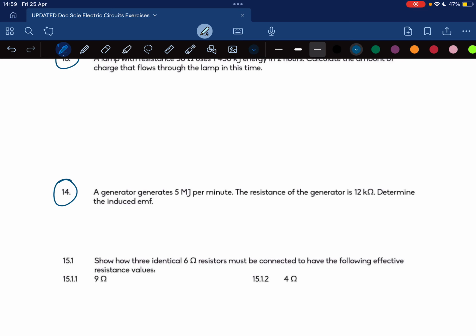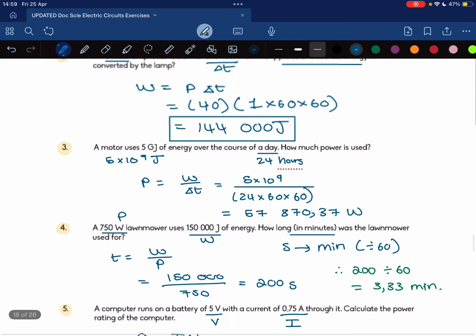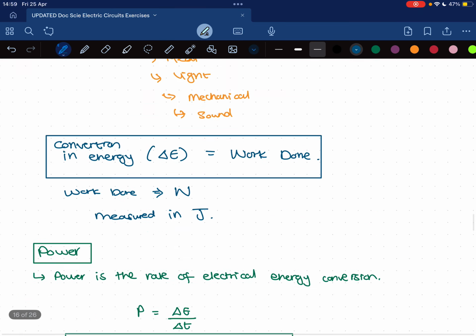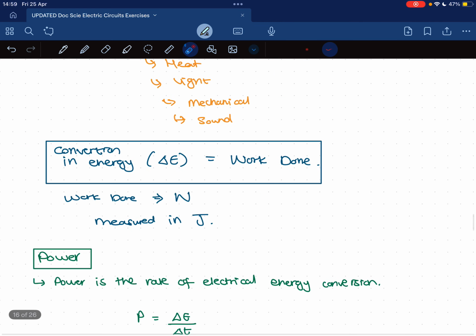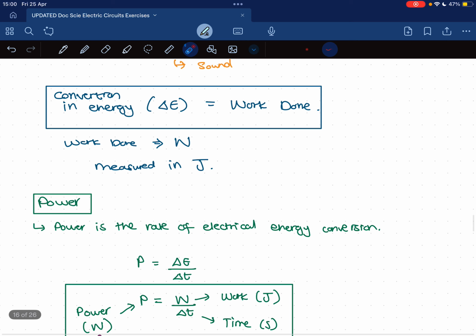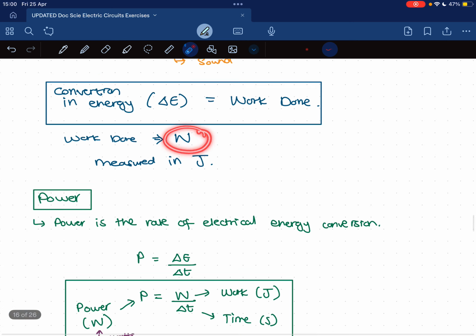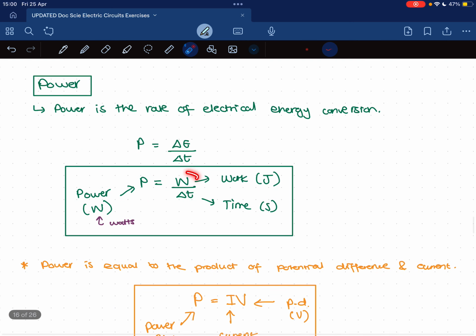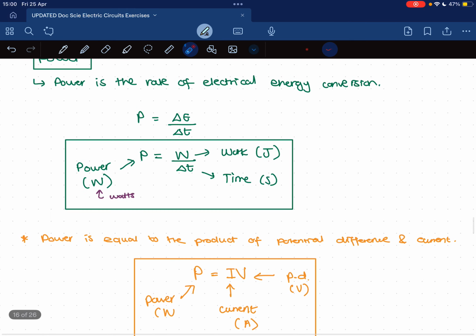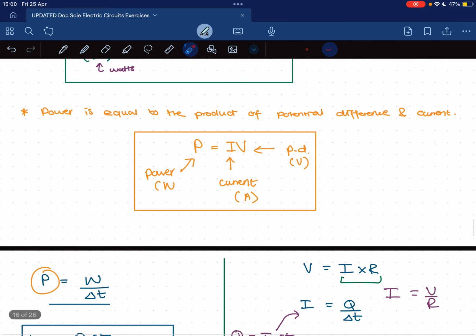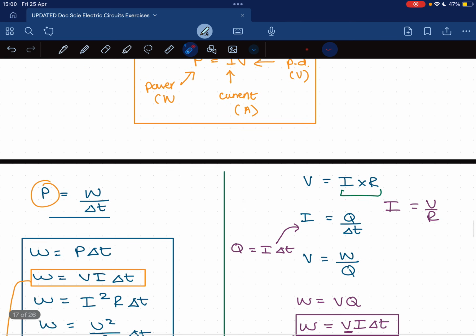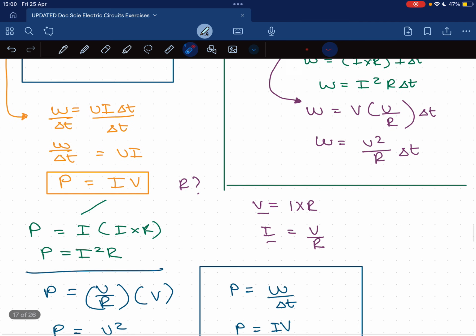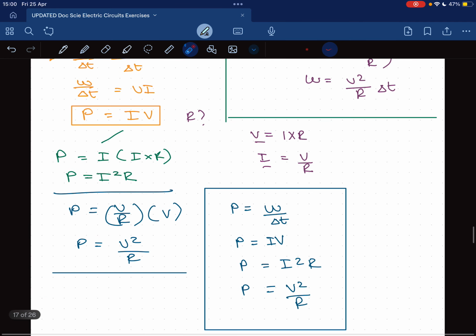Okay, so basically, just to recap once more, power is about the rate of energy conversion, where energy is the work. So the power is equal to W over delta T. But now you can remember that power is equal to I multiplied by V, but all of that comes from the energy conversion calculations and from Ohm's law.